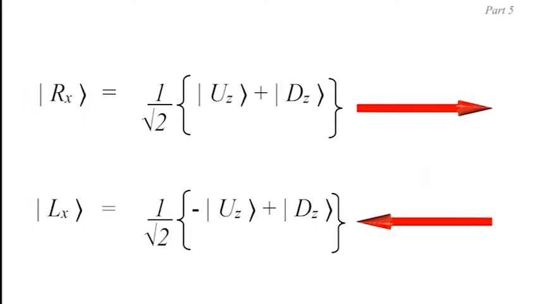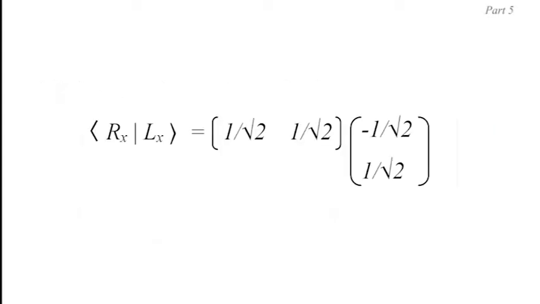Let's check. Let's do the dot product of the two, or rather what I should call their inner product in Hilbert space. Right times left. I'll write it like this. The bra for the right multiplied by the ket for the left state is the right state written as a row vector, which has 1 over root 2's as both being positive, multiplied by the column vector for the left state, which has the minus sign in the up part of it.